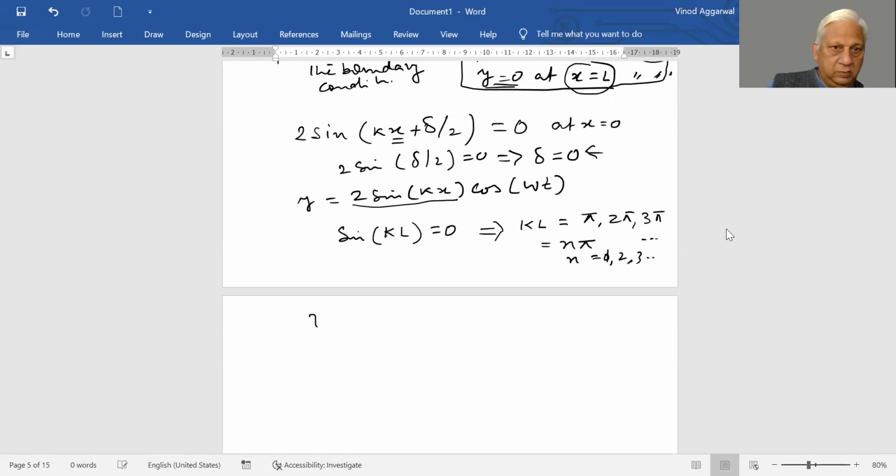We know lambda is equal to V times T. This is the velocity, this is the time period, this is the wavelength.